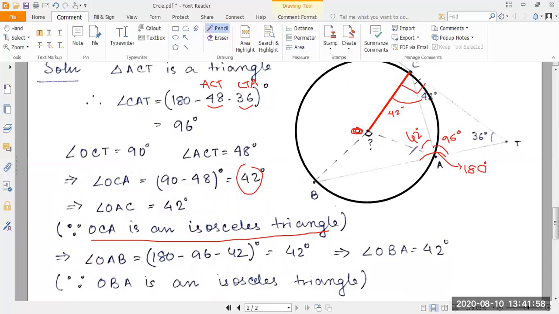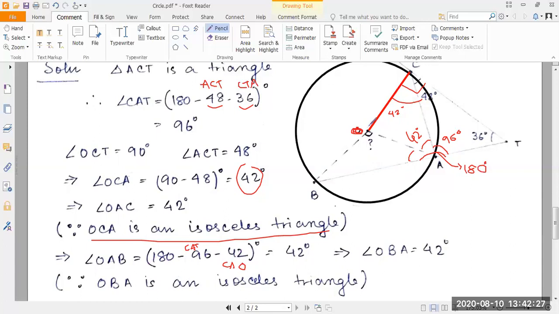So the remaining OAB would be 180 minus 96 minus 42. This 96 represents CAT and this 42 represents CAO. So OAB is 180 minus CAT minus CAO. That's 180 minus 96 minus 42, which turns out to be 42 degrees.